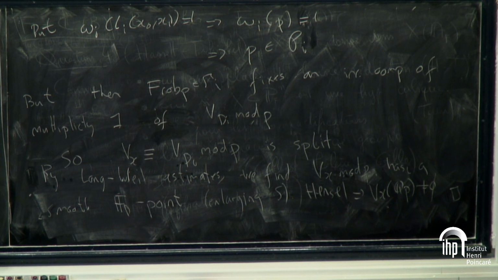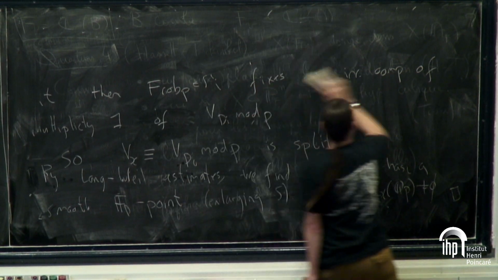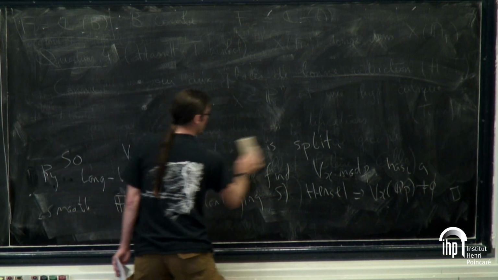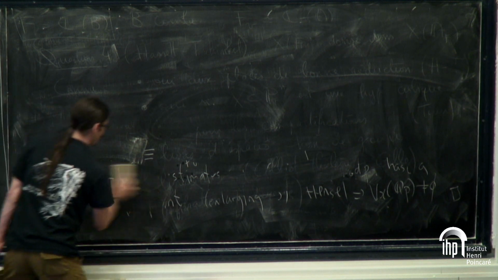So ultimately, we reduce to counting points in a region with some congruence conditions imposed. And we apply the additive combinatorics machinery. I'm not going to do that on the board. Lilian's the expert.